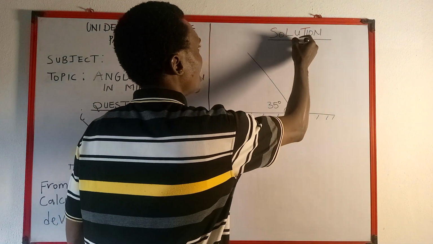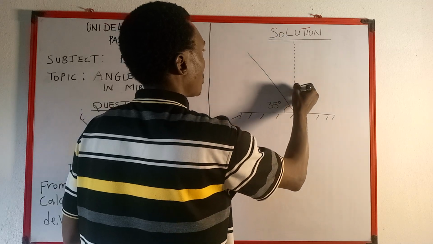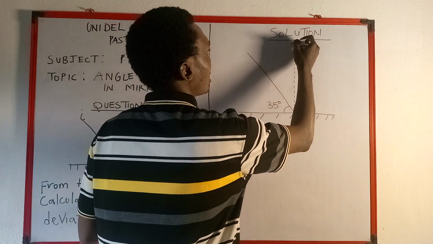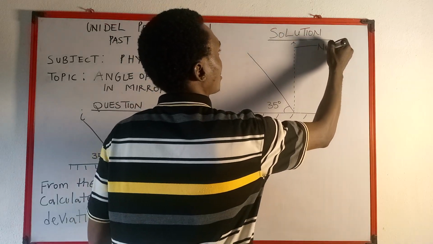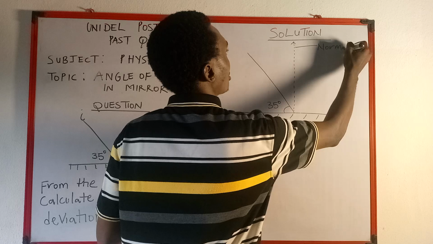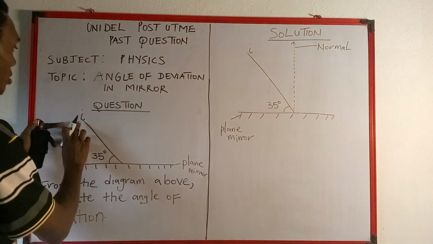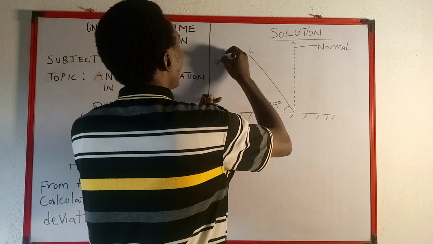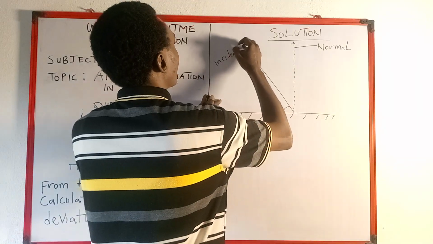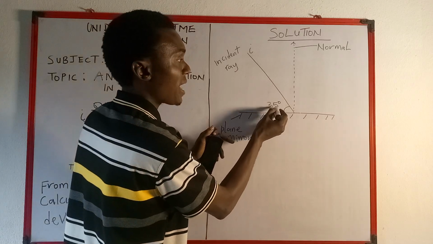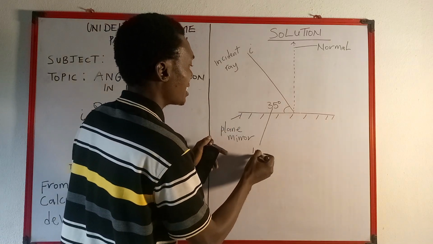Now imagine a perpendicular line is drawn to the mirror. That perpendicular line, we call it the normal. The ray you are seeing here in the question is what we call the incident ray, and this 35 degree is what we call the incident angle.